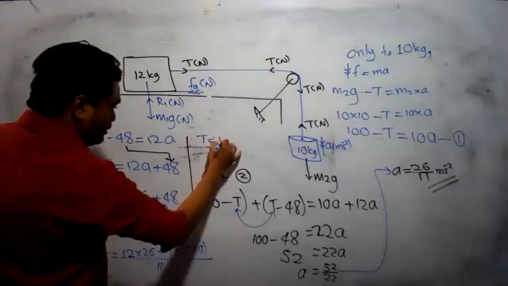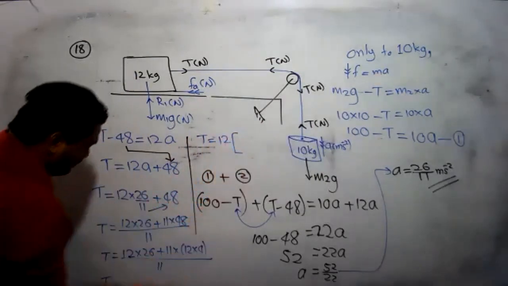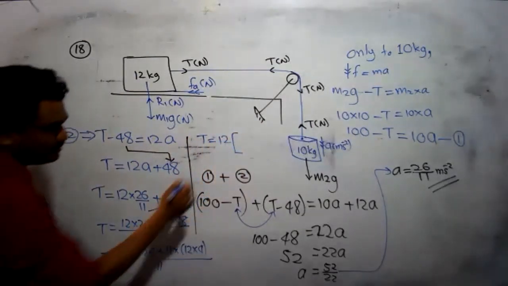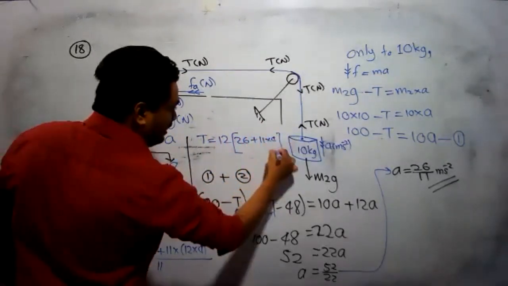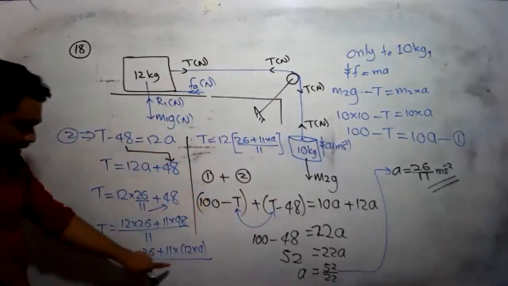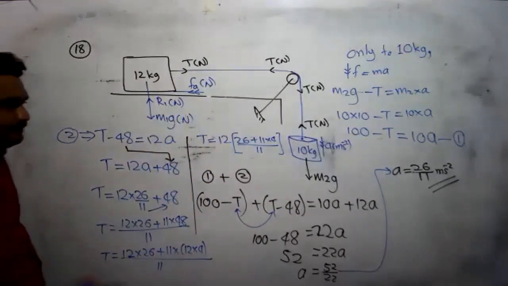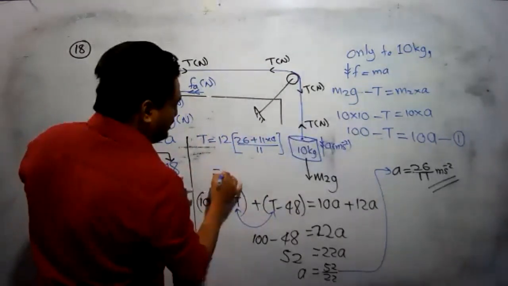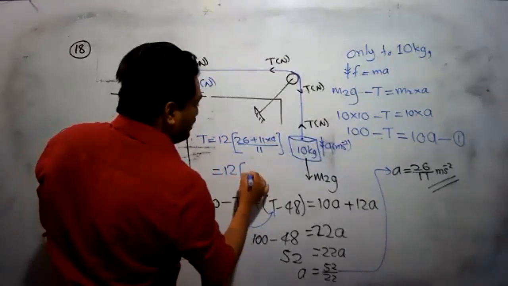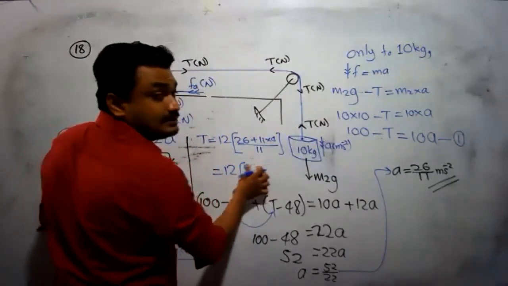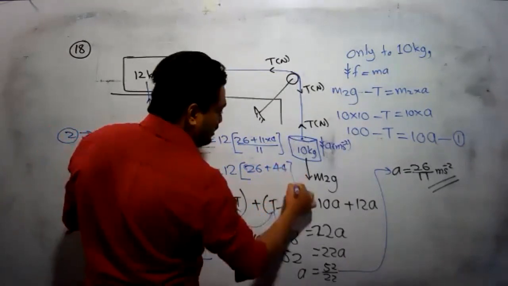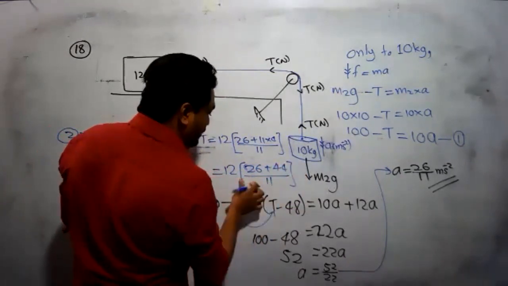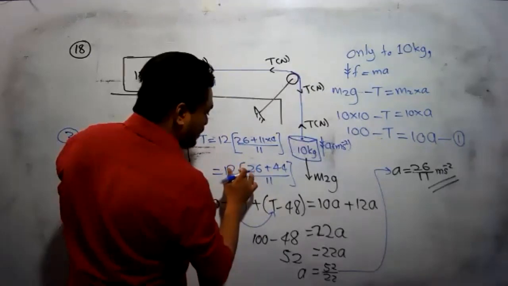So T equals 12 times, and the remaining terms are 26 plus 11 times 4, which is 44, divided by 11.